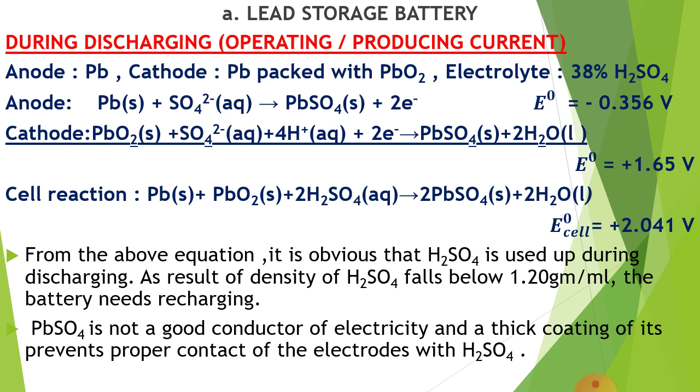When the density falls, the battery needs recharging. One more point: PbSO4 is not a good conductor of electricity, and a thick coating of it prevents proper contact of the electrode with H2SO4.